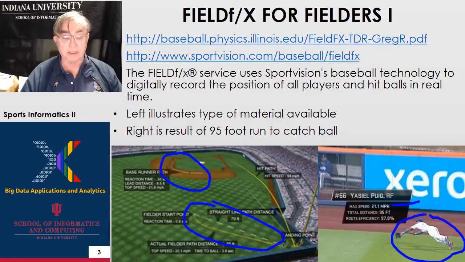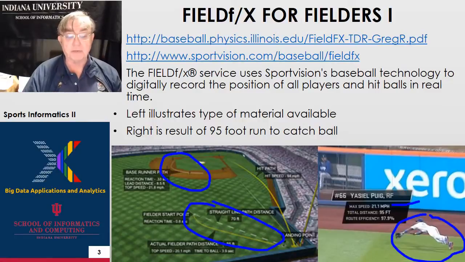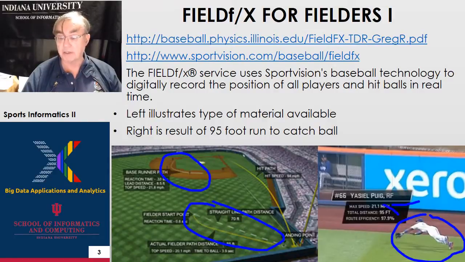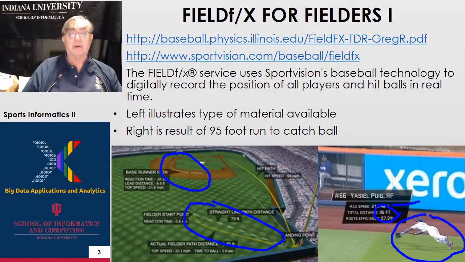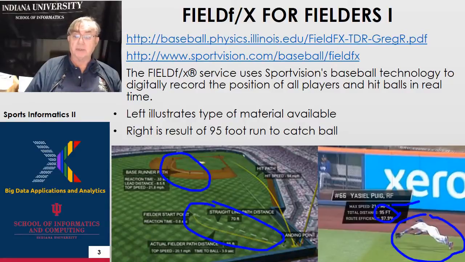Notice this is a mixture. Here we're just seeing visualizations, what we call spatial visualization, which is the initial thing to produce. But here there's some actual analytics. It tells you how efficient the fielder was. And of course, using these numbers like the total distance the fellow had to run, you can compare the fielding rather precisely with that of other fielders.